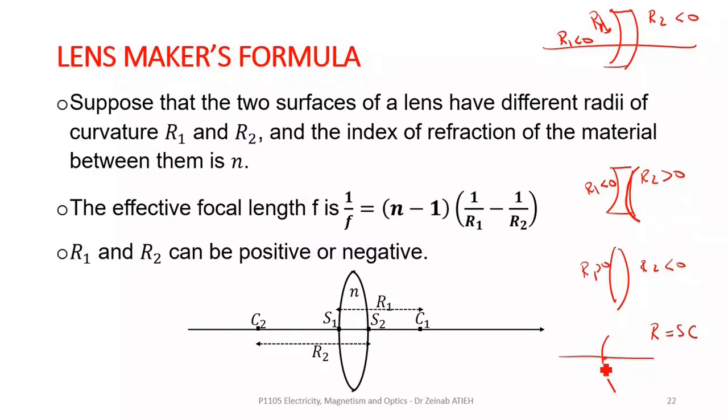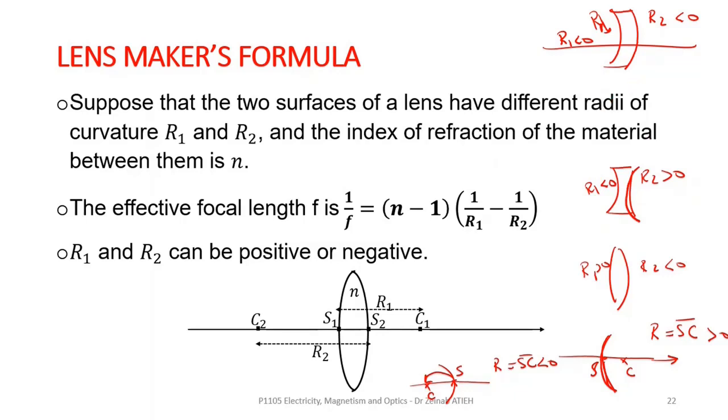This is S and this is C. If the curvature is like this, in this case R is positive, because this is my positive sense. And if I have the curvature this way, this is S and this is C, so you can see that R equals SC in this case is negative. So you can see that R1 and R2 can be positive or negative.